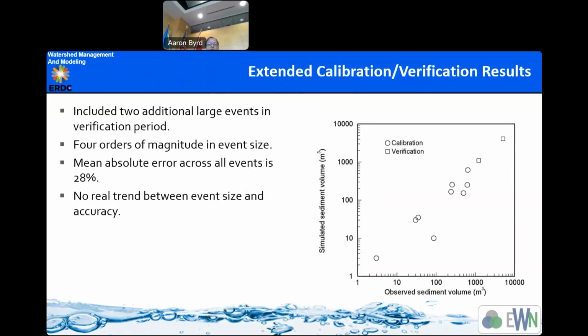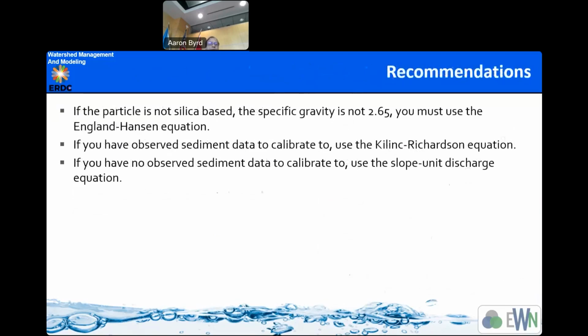Some of the calibration validation results of observed and simulated volume of sediment, and some of the recommendations are here. The particle is not silica based, the specific gravity is not uniform.